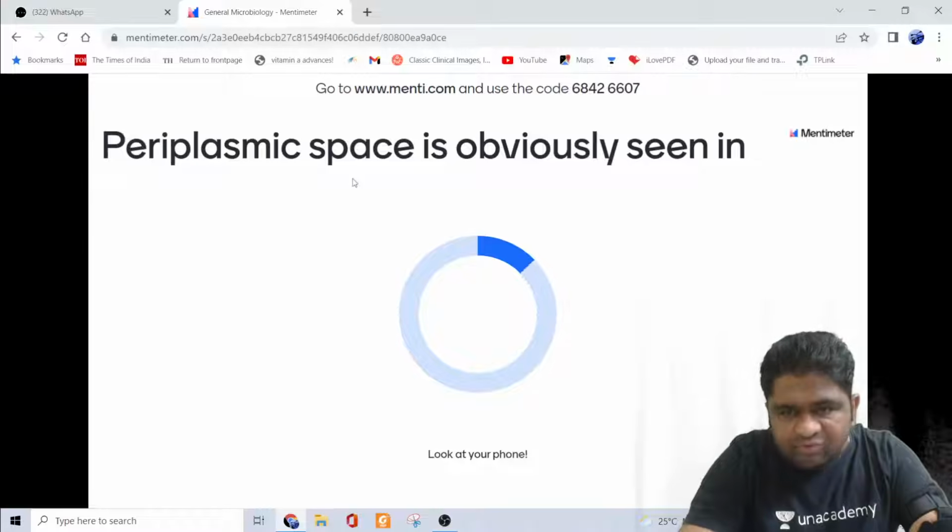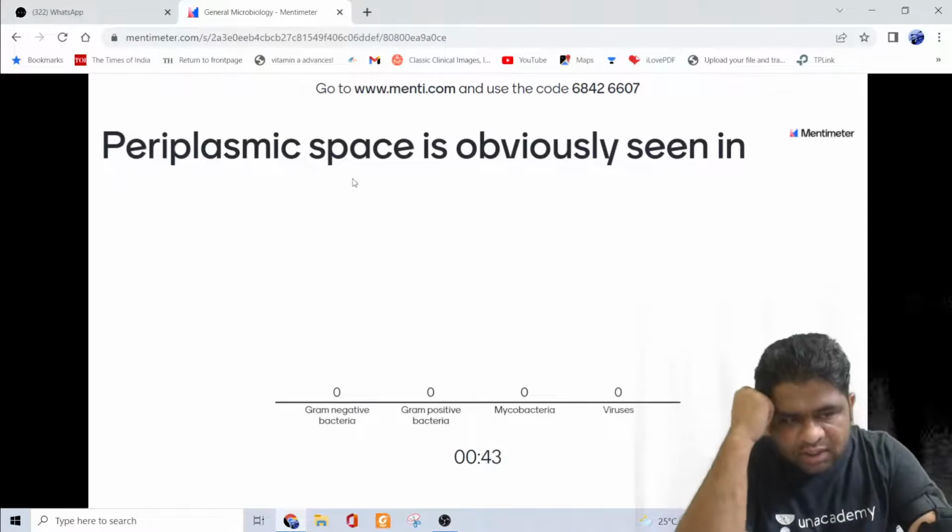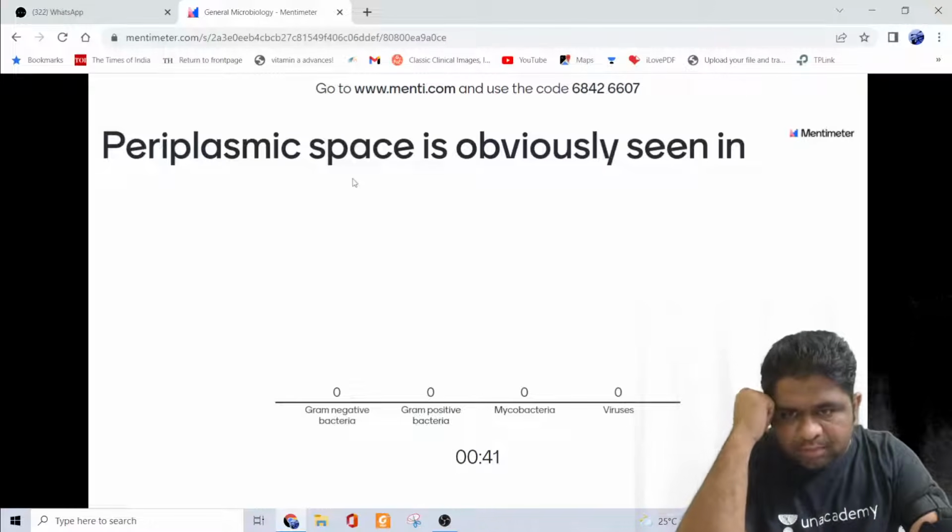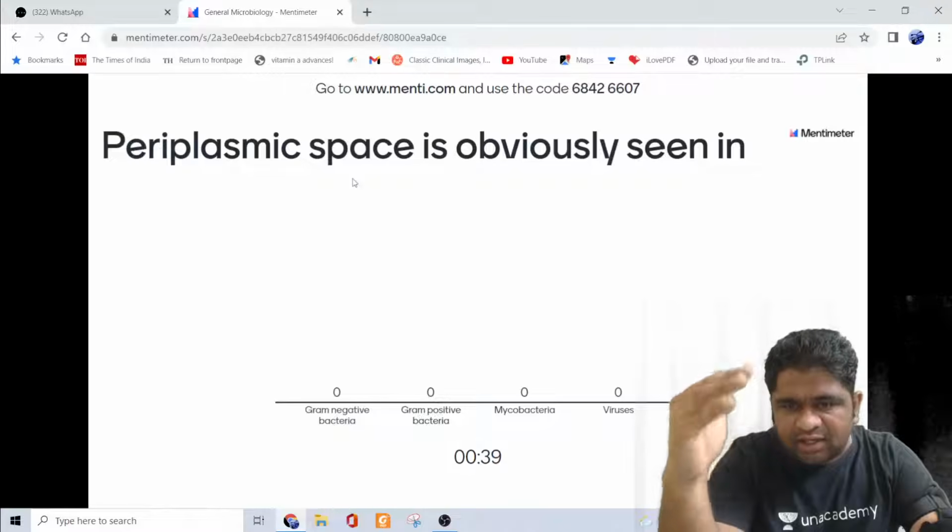Periplasmic space is obviously seen in which organism? Gram-negative bacteria, gram-positive bacteria, mycobacteria, viruses.